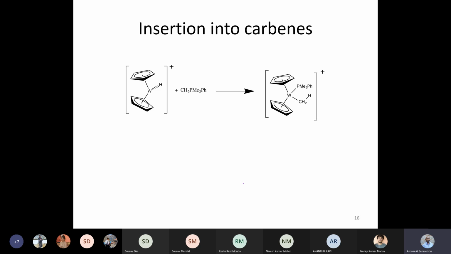The masked carbene comes up because CH2 Wittig reagent, which is written like this, PMe2PH, is actually CH2 in a masked form, and it is polarized in such a fashion that it is CH2 minus PMe2PH plus.